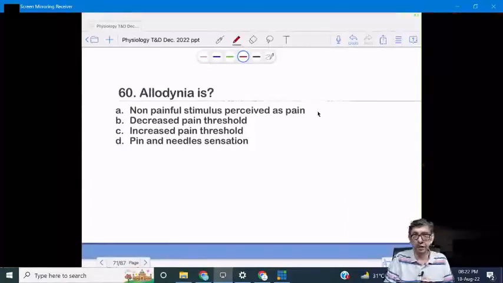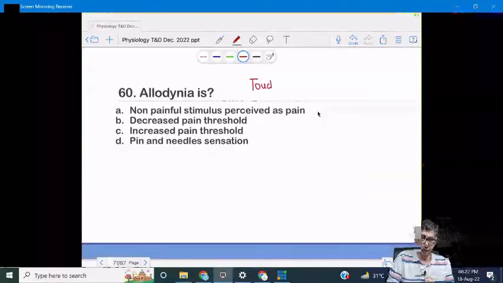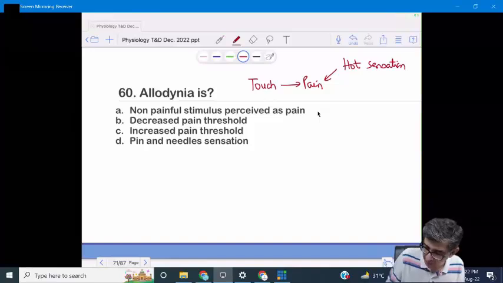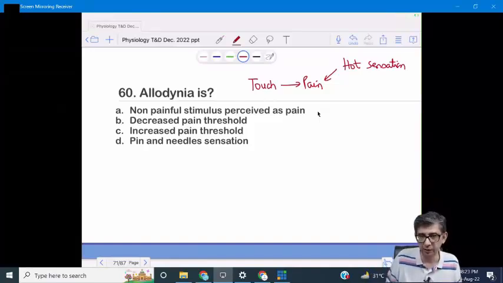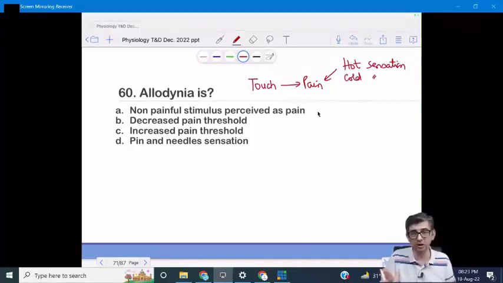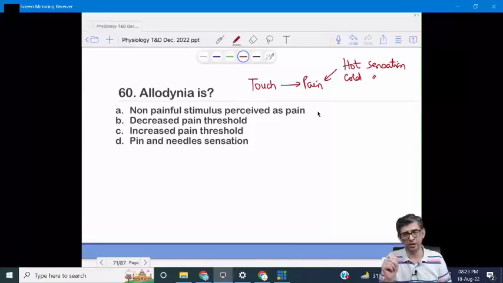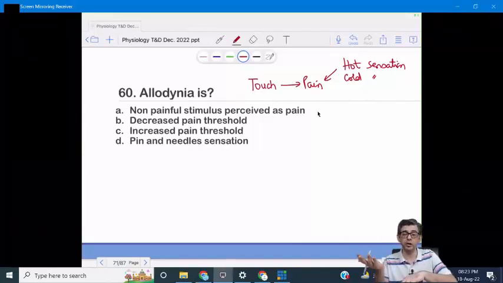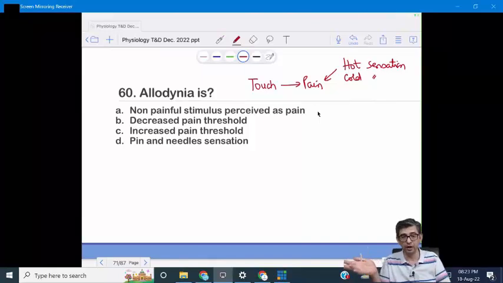Allodynia means that even if you touch, the person will perceive pain, or you provided a hot sensation without burning the patient, like applying wax on the skin, and the person is crying in pain, or a cold sensation, you applied ice wrapped in paper or a handkerchief, not freezing the tissues, and he's screaming in pain as if you have cut him into half. That is allodynia. Allodynia basically means non-painful stimulus which is perceived as pain.